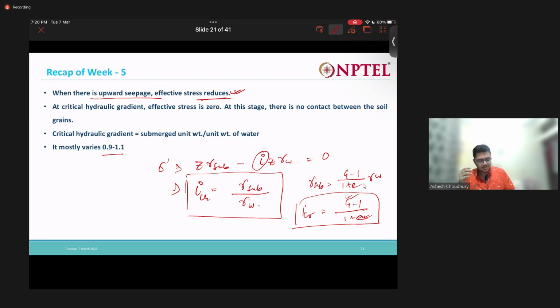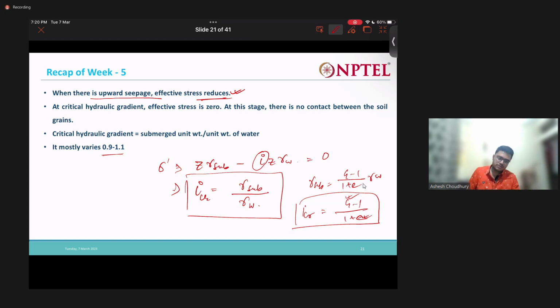So why quicksand condition? Quicksand condition occurs when the soil loses all its strength. How does it lose all its strength? Because the effective stress becomes zero. The relation between the soil strength and the effective stress we will study in the next chapter, shear strength.